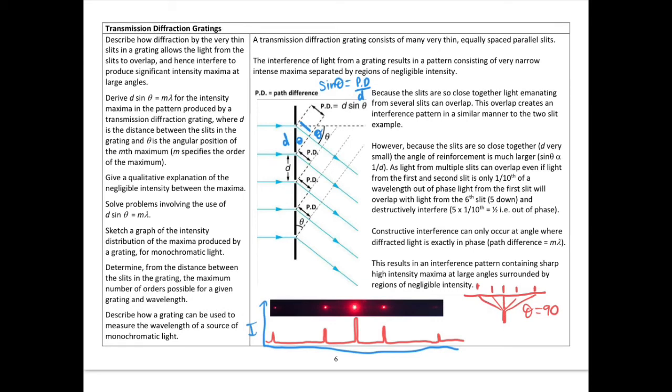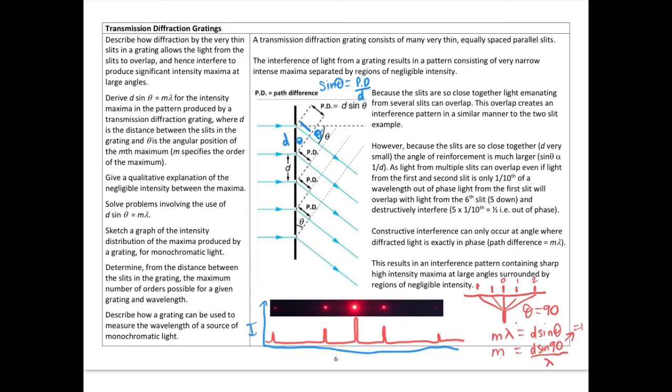So at theta equals 90, put that into m lambda equals d sine theta. So m is going to be the maximum order, so that's 0, 1, 2, and so on, and will equal d sine 90 over the wavelength, where sine 90 equals 1.